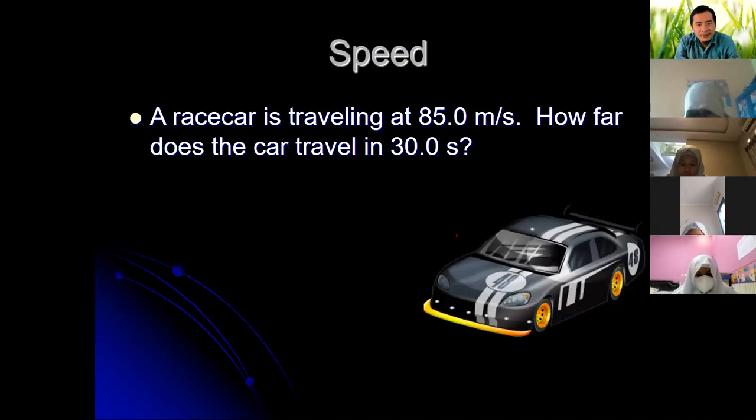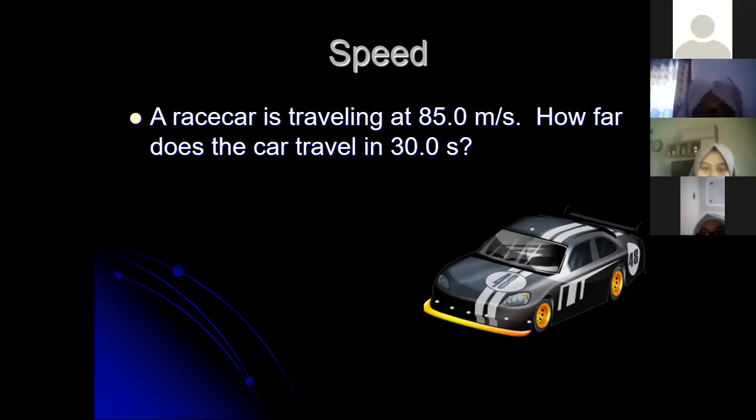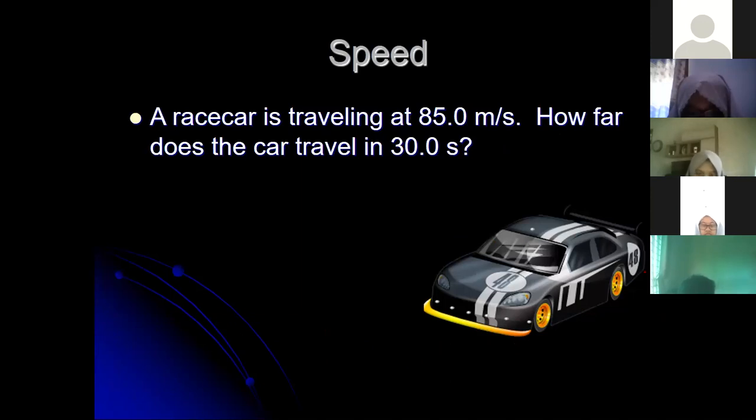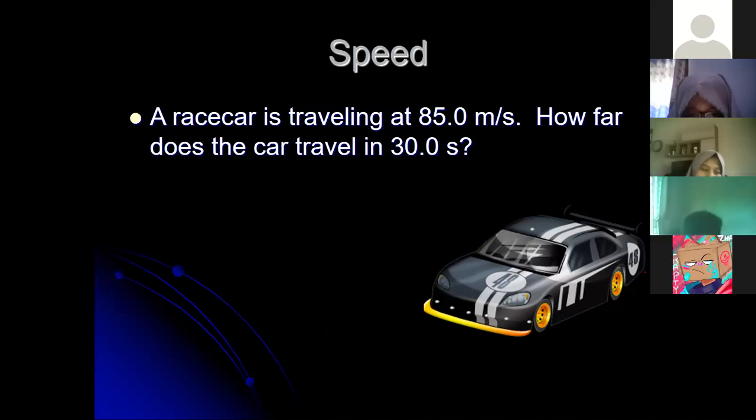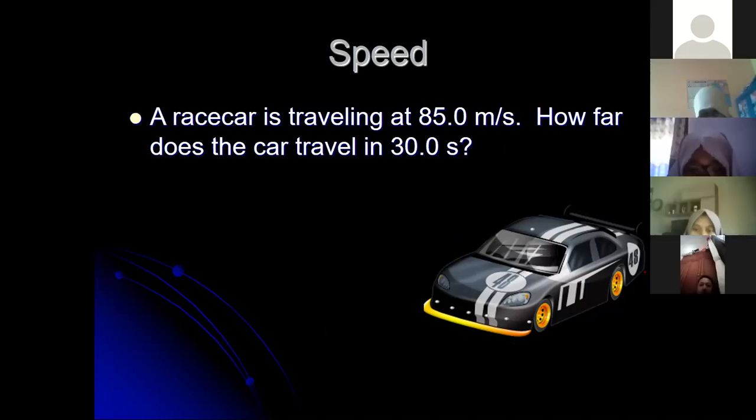Now we go to the next speed problem, a race car. I need help, I think, from Mas Rafa Alvaro. Please read the question, Mas Rafa. Okay. Speed. A race car is traveling at 85.0 meters a second.